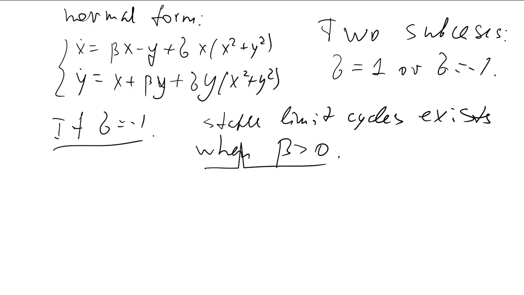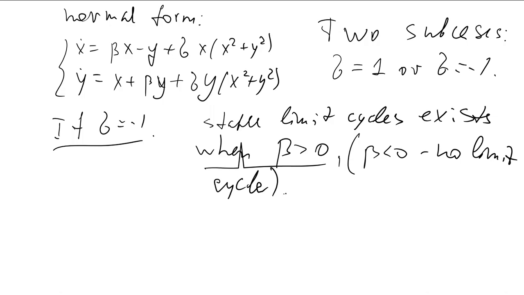So this means that beta is our parameter now. So we change our parameter, and when beta is 0, we have Hopf bifurcation. If beta is positive and sigma equals minus 1, we will have a stable limit cycle. And if beta is negative, no limit cycle. So in the course of Hopf bifurcation, a limit cycle appears or disappears.